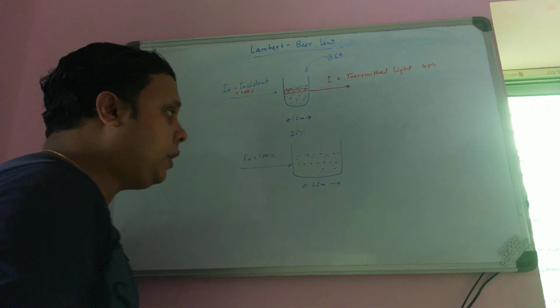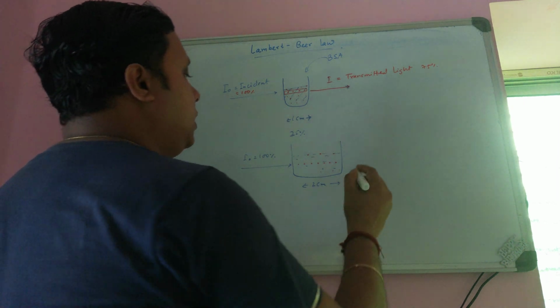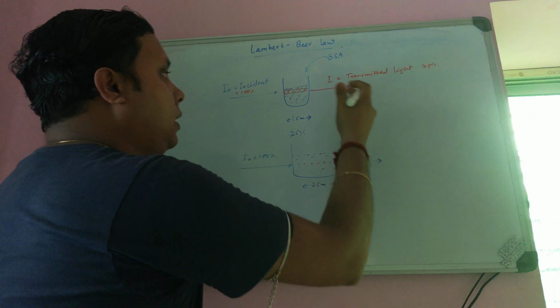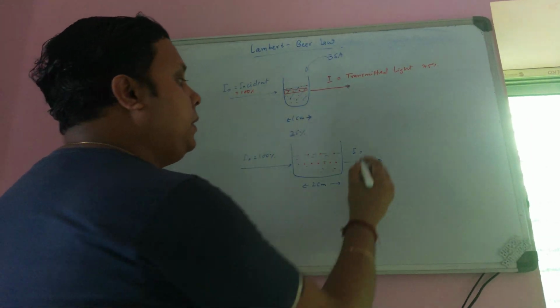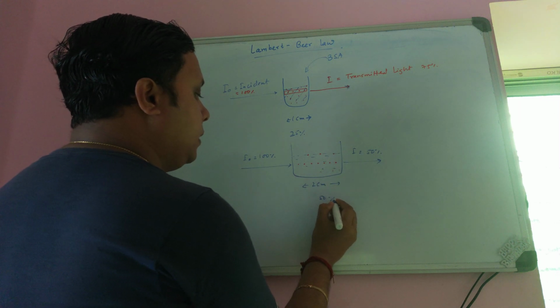In that case, the number of absorbing molecules will increase. So the transmitted light is definitely not 75%, it may be 50%, because now the molecules are absorbing 50% of the light.